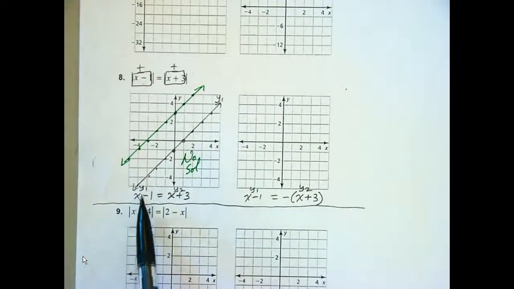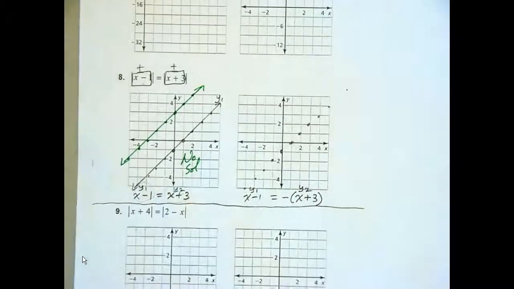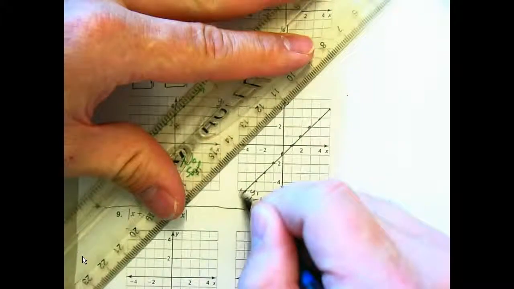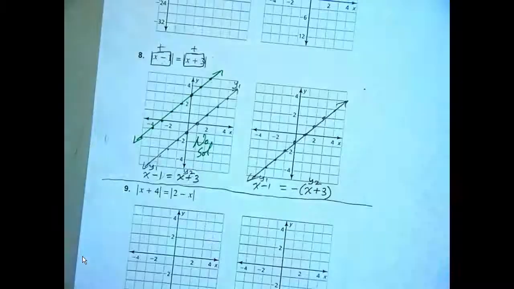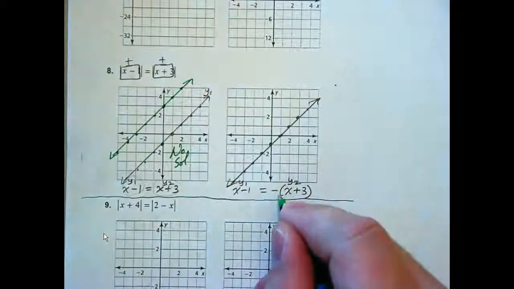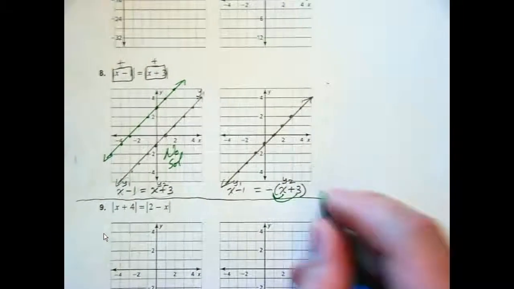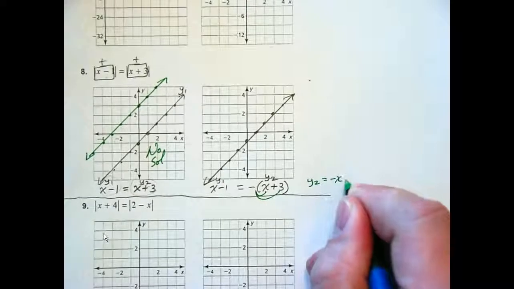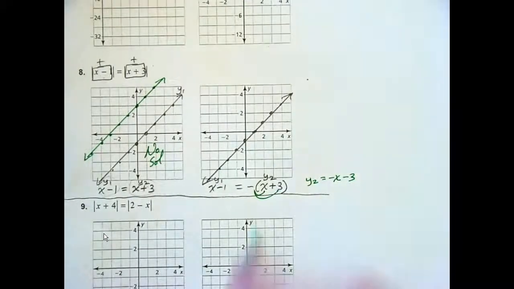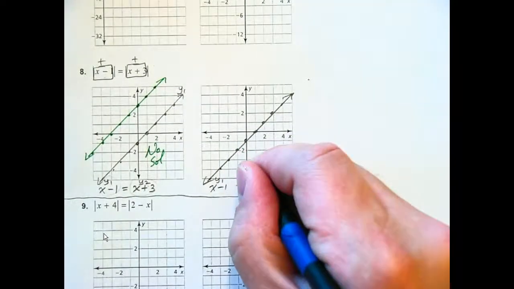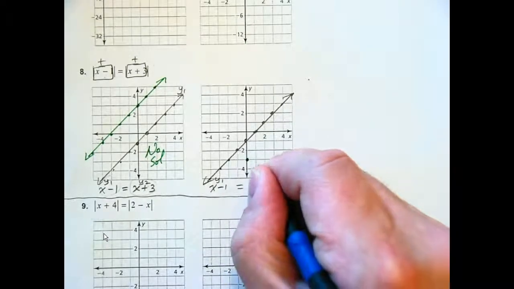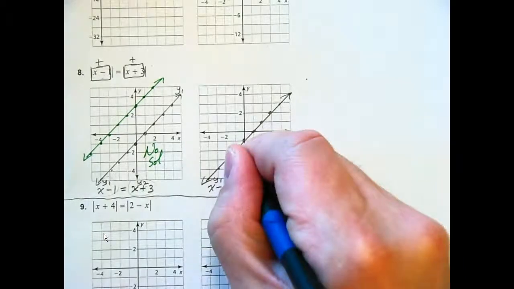We just set this equal to y, and we set that one I drew on the other graph. And then this one I've got to distribute this. So that actually is y2 equals negative x minus 3. So I go down to negative 3, and then I go down 1 and run 1. Follow that pattern.